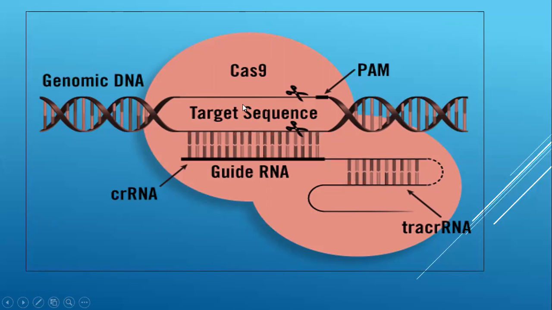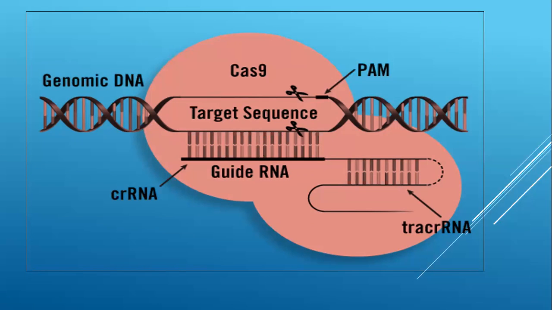Now, this Cas actually serves two purposes: one, to scaffold the region, and the other, to cut the ends of the double-stranded DNA. After cutting, it creates the gap, which is the place for inserting your gene of interest.